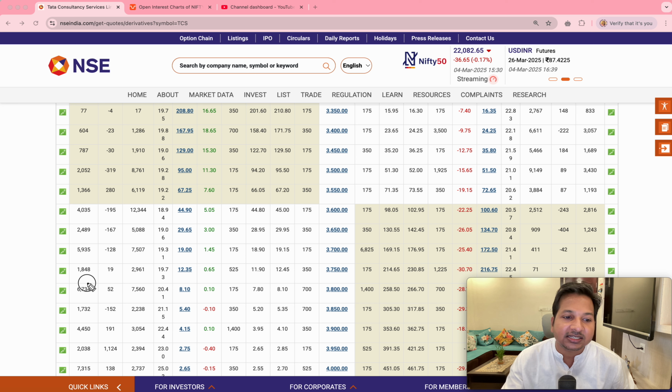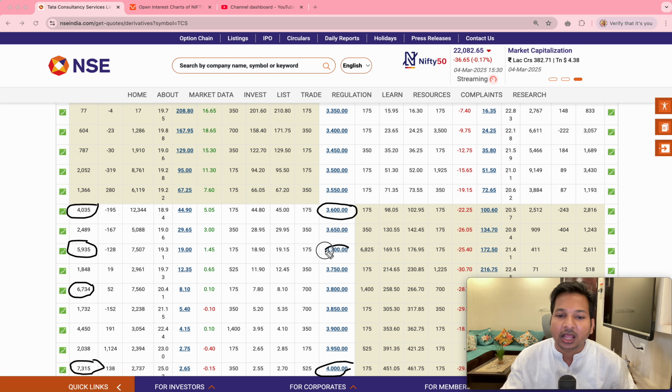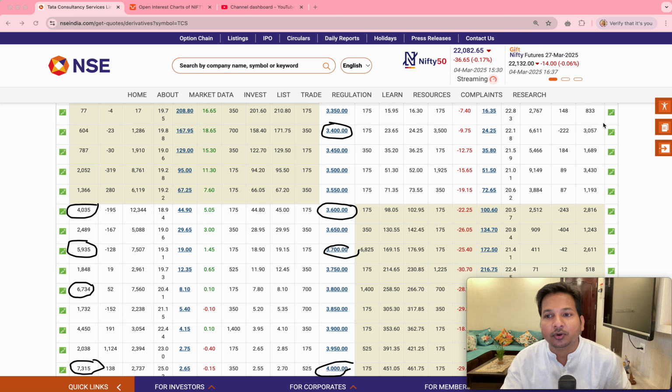The highest OI is here at 7000, and these strike prices are 4000. 4000 is very far away, so people will write there, but the nearest, 3600, is a very big resistance level. After that 3700 is a resistance level, and for support, 3400 is the support which TCS can take.